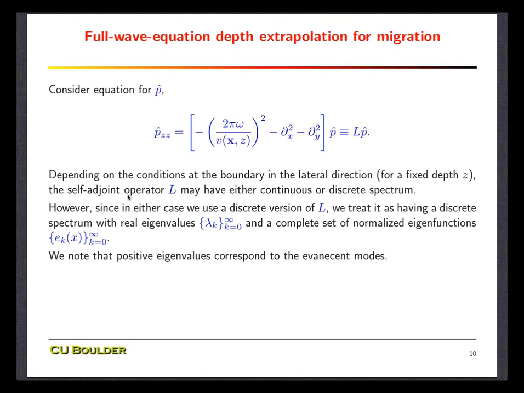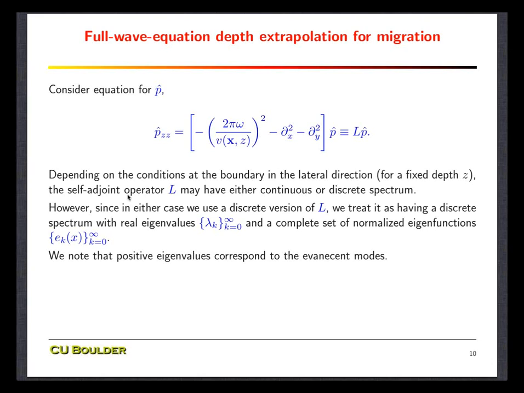In fact, it's very simple. It's again a shift of the problem into some other place. So this equation I already wrote, and notice that this operator acting on p hat is a self-adjoint operator. Let's consider the case when it has discrete spectrum. It depends on boundary conditions, how you set up, but in practice it's always discrete.